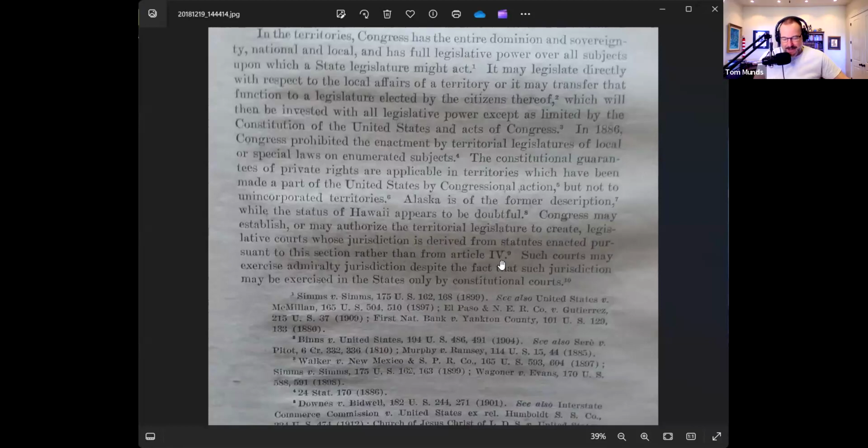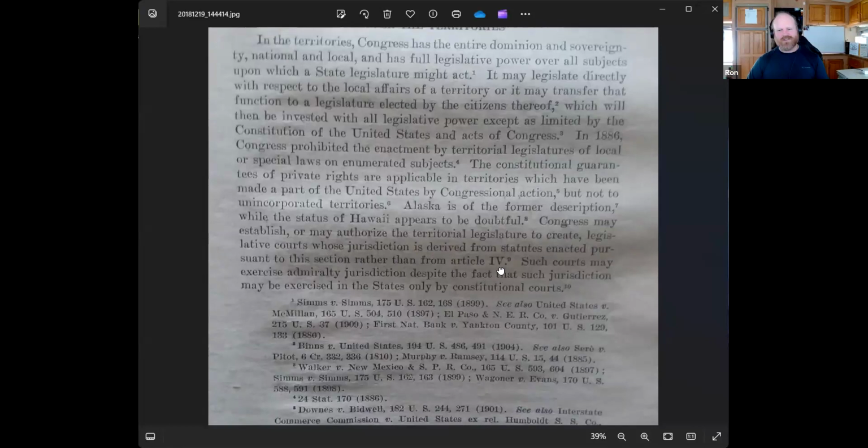There it is, man. Those are the legislative courts, the Article 1 administrative courts. That's right. Oh my gosh. Wait, it gets better. Such courts may exercise admiralty jurisdiction despite the fact that such jurisdiction may be exercised in the states only by constitutional courts.